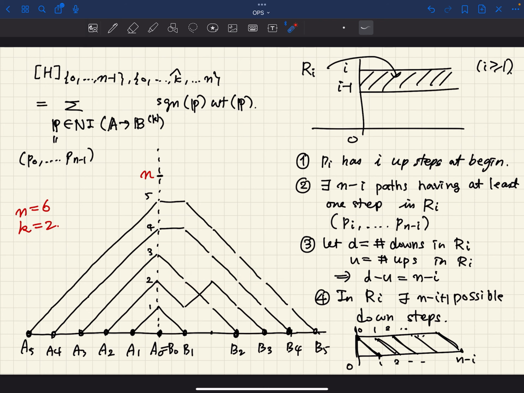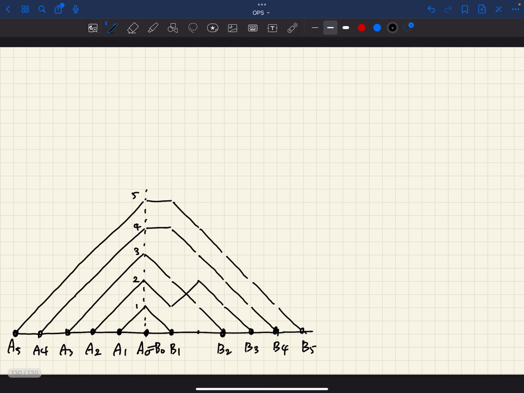So in every row, if you look at every Ri, we have exactly one missing down step like this, or we have this figure x, because figure x will contribute nothing to this, because 1 minus 1. So most of the time we have one down step only, but sometimes we have a missing down step, or we have to have the figure x, exactly 1. So that is the claim over here.